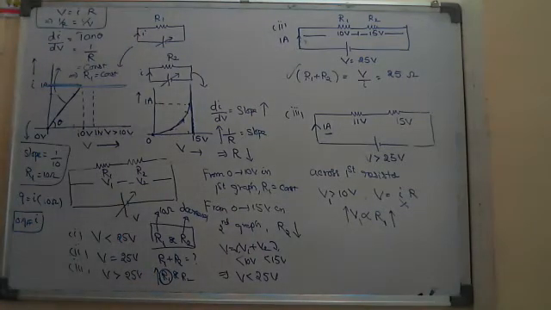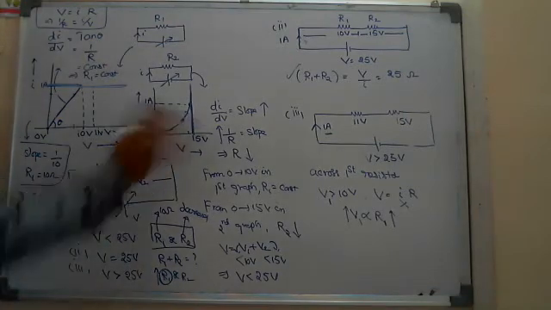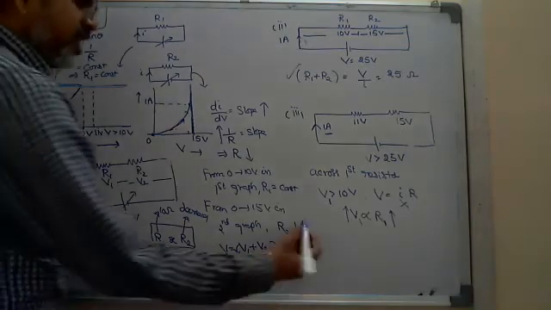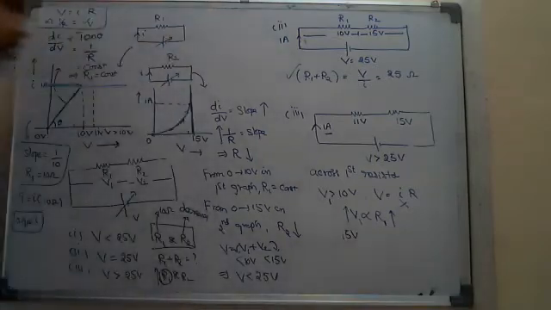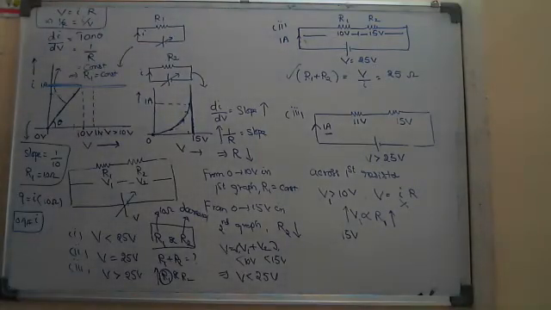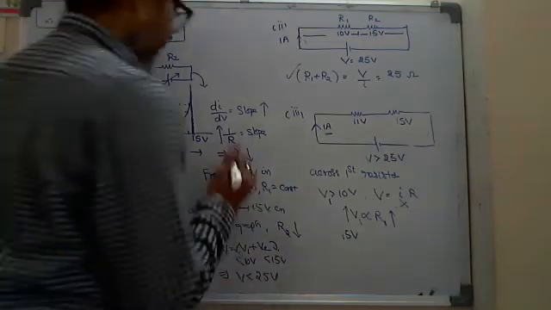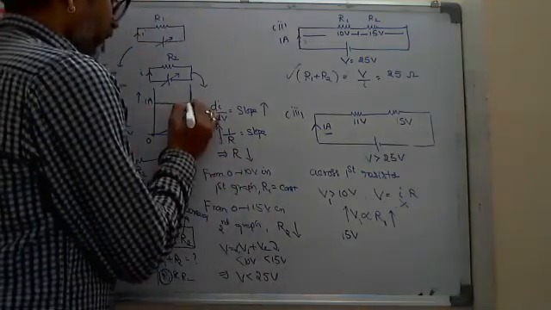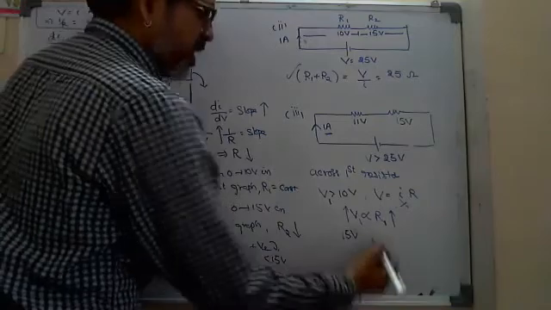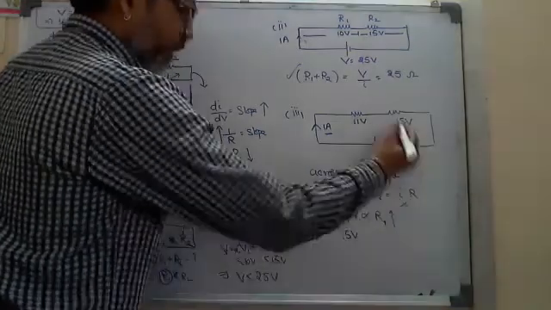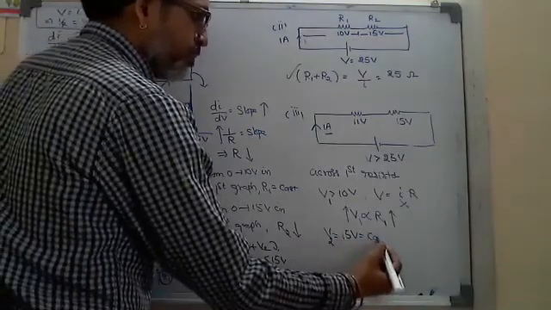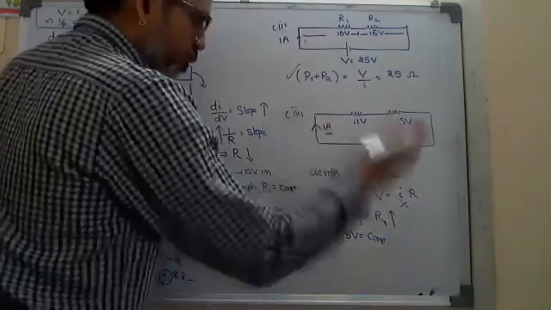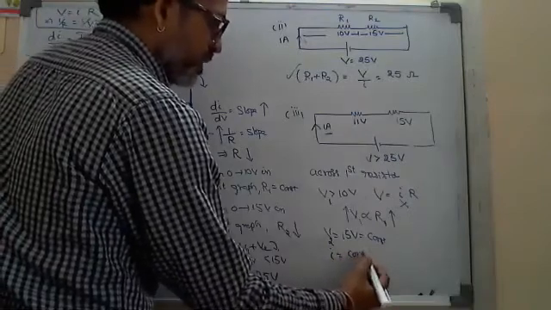And what happens to R2? The voltage is fixed, that is 15 volts only I have to take, to get 1 ampere current. So for that 1 ampere, the voltage is 15, fixed. V2 is constant, and I through both is also constant.